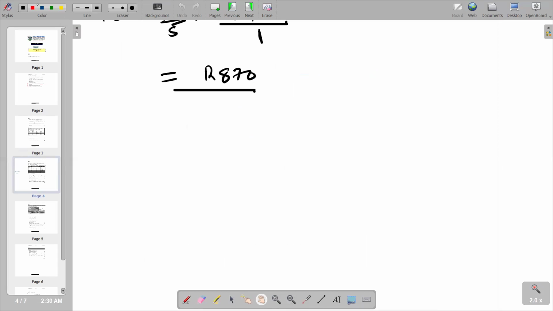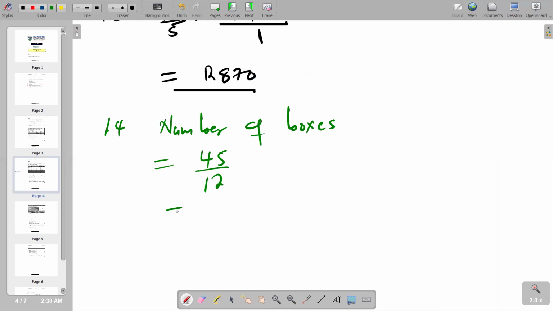That's what we have on 1.4, number of boxes. The number of boxes is equal to 45 tiles divided by 12 tiles. The answer that we get is 3.75.